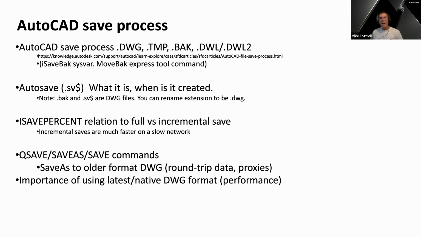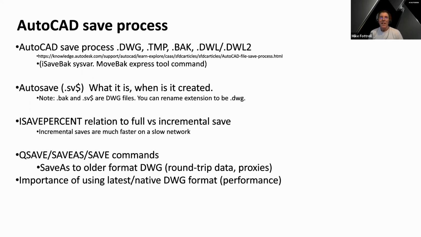The next step is AutoCAD takes everything that's in memory that you've been working on, and when you've done this save, it writes it out to a TMP file. And then finally, the last step is to rename that TMP to have the DWG extension. So it seems a little convoluted, but that wiki page has more information about what's going on when you do a save.